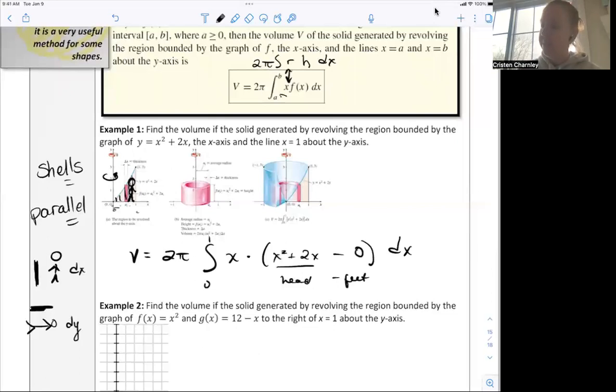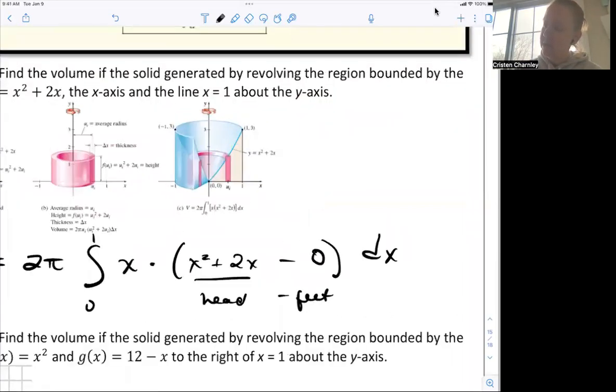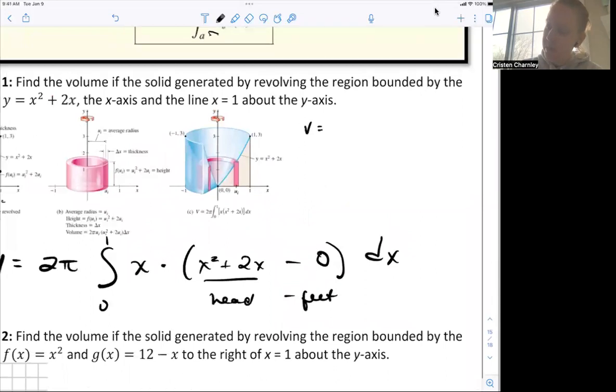I didn't bring my calculator with me, which is a bit of an oops, but I'll go up here and distribute. So volume is 2 pi between 0 and 1, x cubed plus 2x squared dx. Integrating, x to the 4th over 4, plus 2x to the 3rd over 3, between 0 and 1.